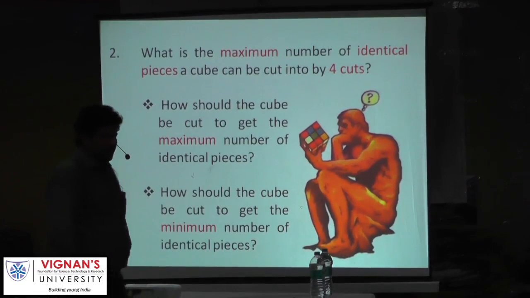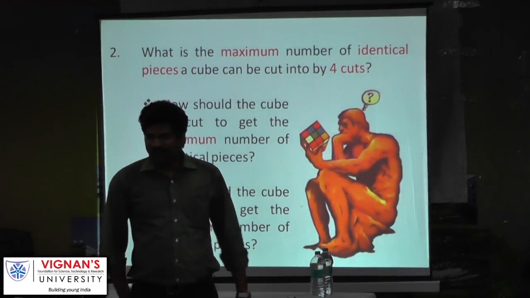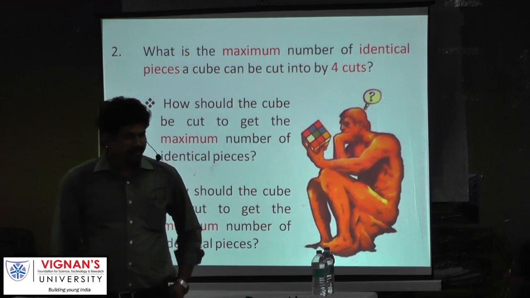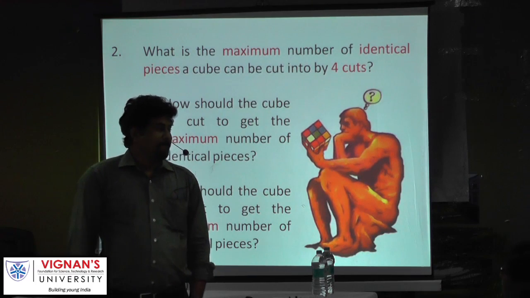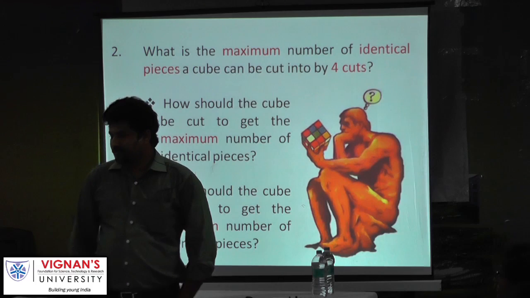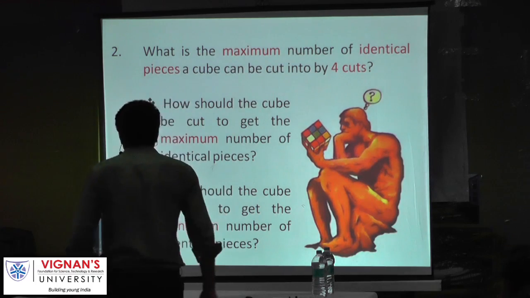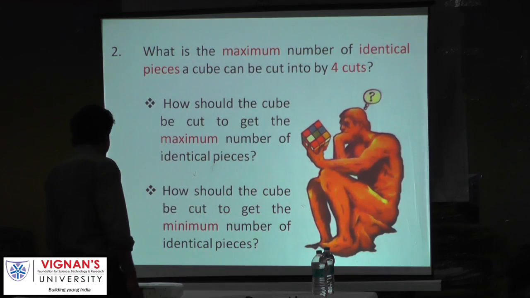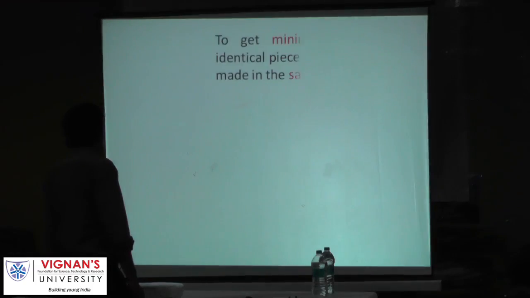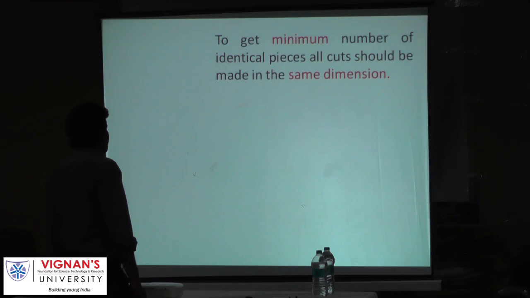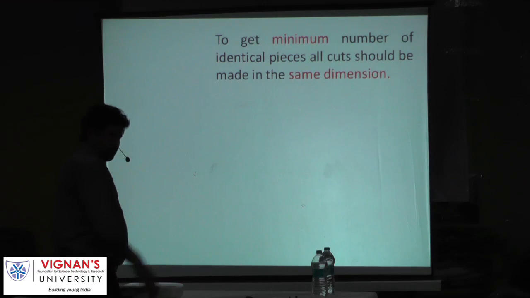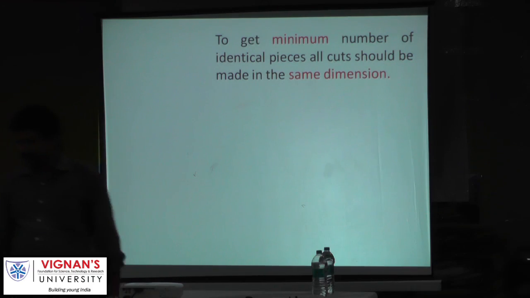Do you have any idea when we get the maximum number of identical pieces? See here, to get minimum, what should we do? The cuts should be made in the same dimension.